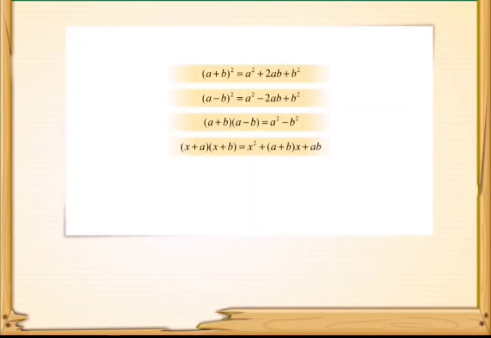You have learned about 4 standard identities. Now you can use a suitable identity to solve the expression (4x plus 9) multiplied by (4x plus 7). Note that the fourth identity is the most suitable to solve the expression.